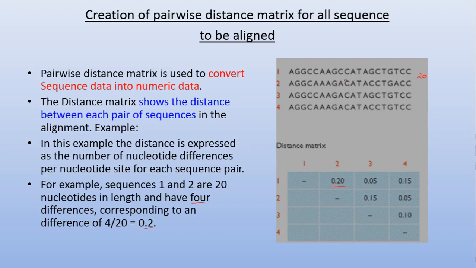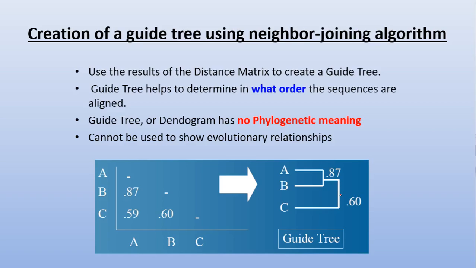By converting this data into a distance matrix, our objective is to convert this sequence information into numerical information so that these numbers can further be used or manipulated in generating your multiple sequence alignment.